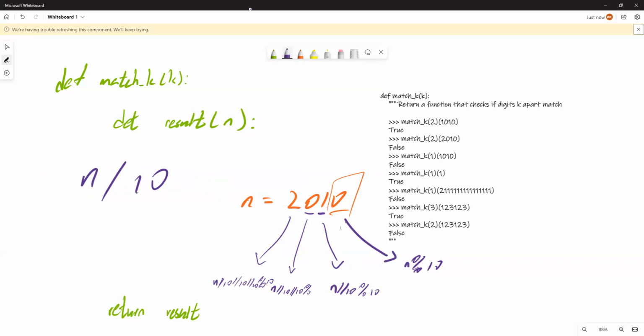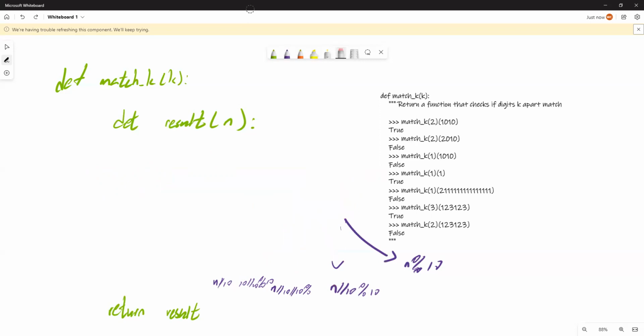If you don't trust it, you can test. So we always use the double slash. That means floor division. If you understand what I'm saying, you can keep watching. If you don't understand, just replay it.